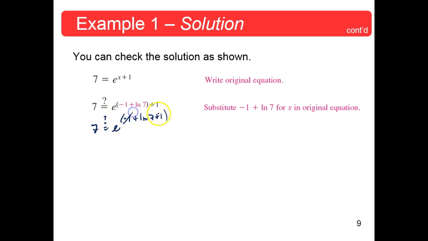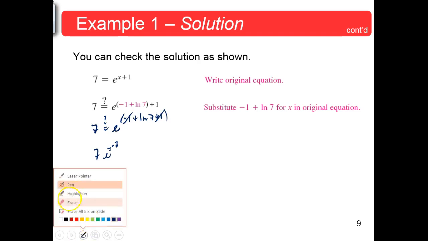Okay, well, minus 1 plus 1 is 0, so it is e... I'm sorry, I can't even read my own writing here.